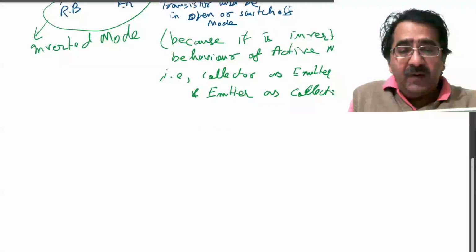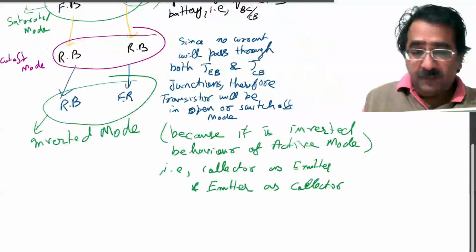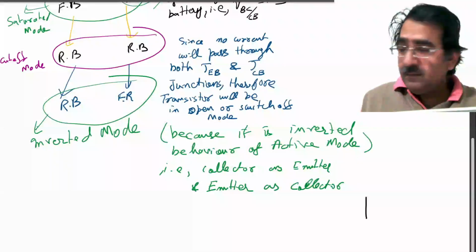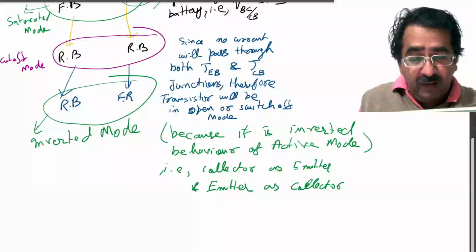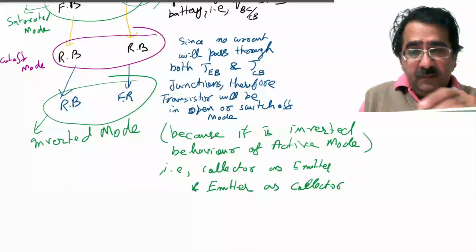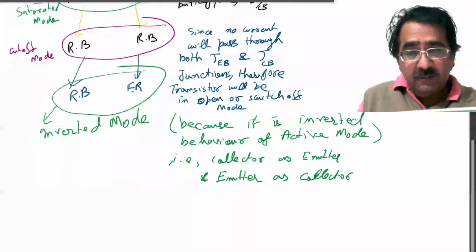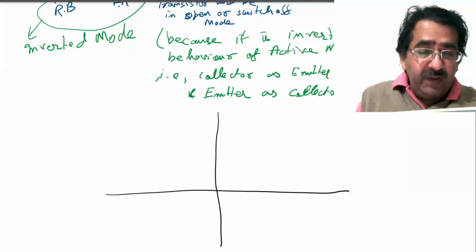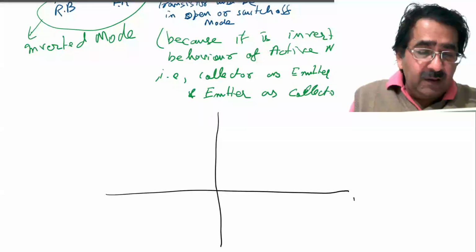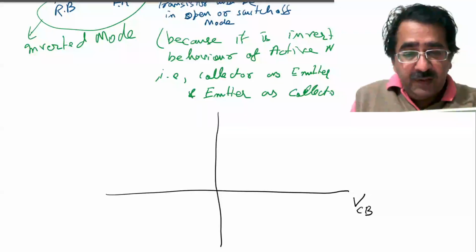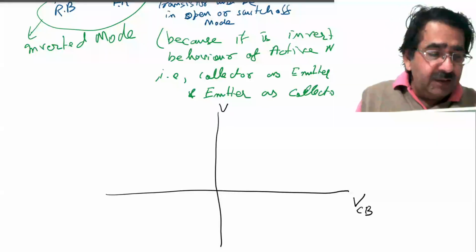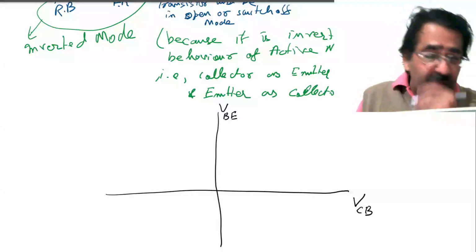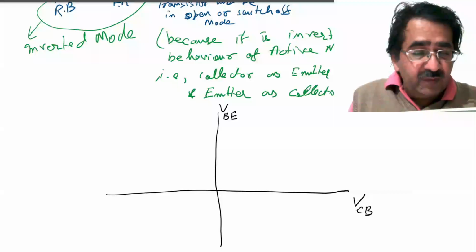Let's suppose I try to explain this with a graph, drawn between VCB and VBE. Here both will be forward biased, plus plus, where plus means forward bias.